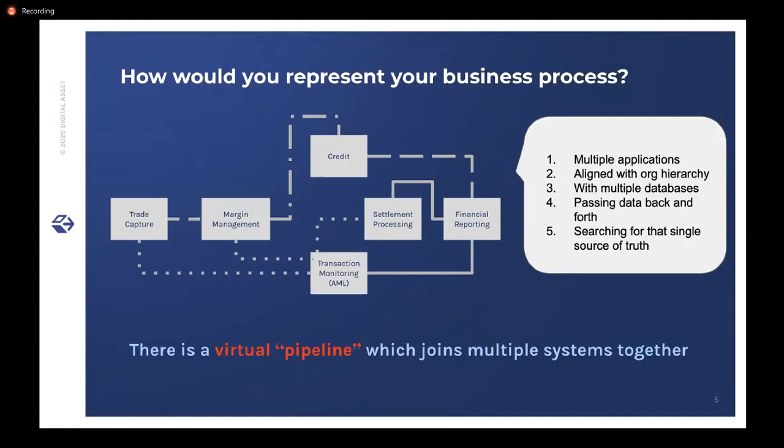And the fact is that as soon as you produce those artifacts, they're out of date because something has changed in production. And most of the time, each of these applications is searching for that single source of truth, and they have to keep reconciling with each other and syncing up to reduce errors, making sure that the data they have matches with the data that the other application has.